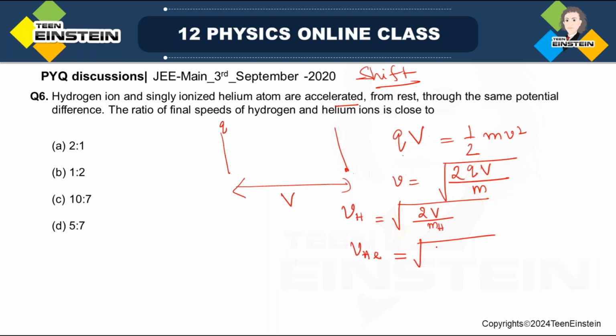With the same potential difference, V is the same, but q is different, that is 2 times the charge of the hydrogen. Then I'll write 2 divided by m helium. So m helium is actually 4 times. Let me do this ratio first: the ratio of the speed of hydrogen divided by the speed of helium.